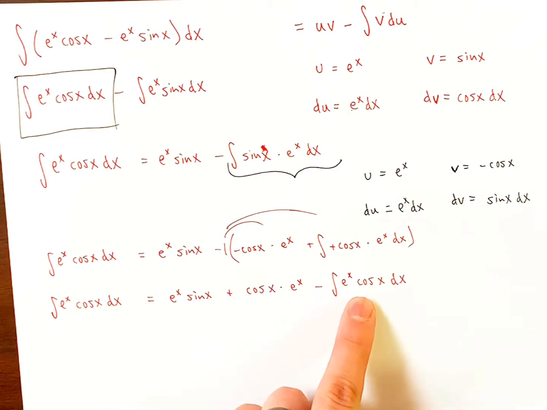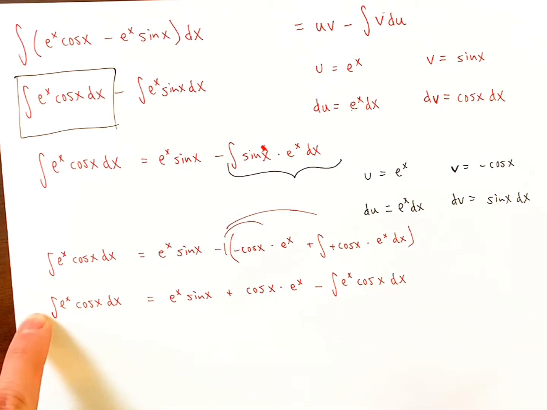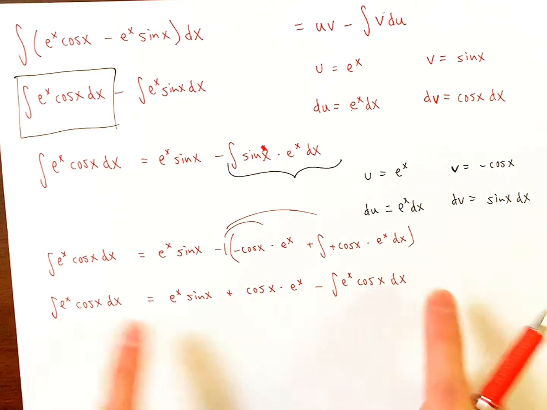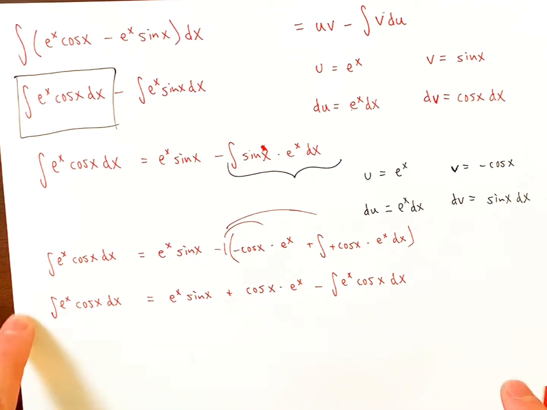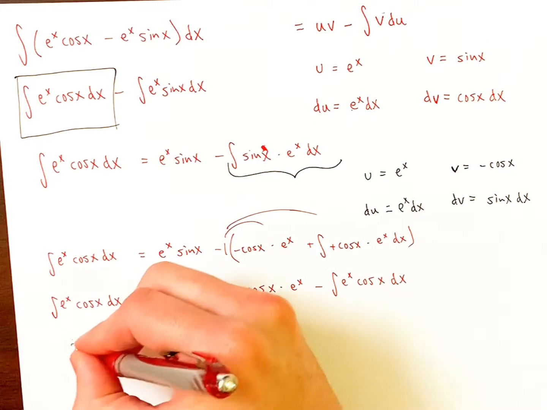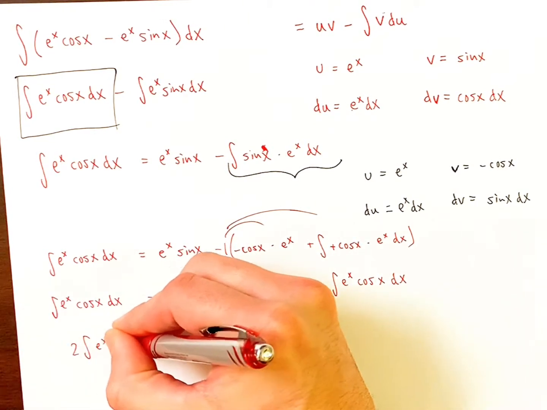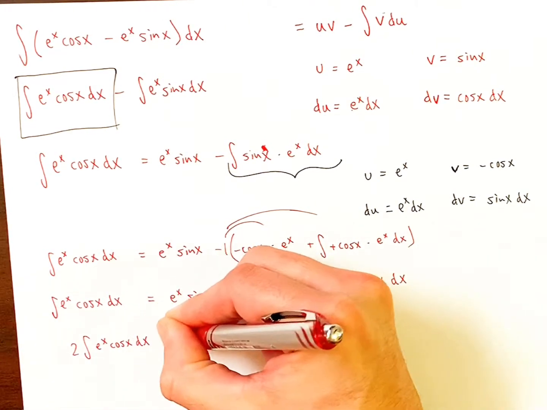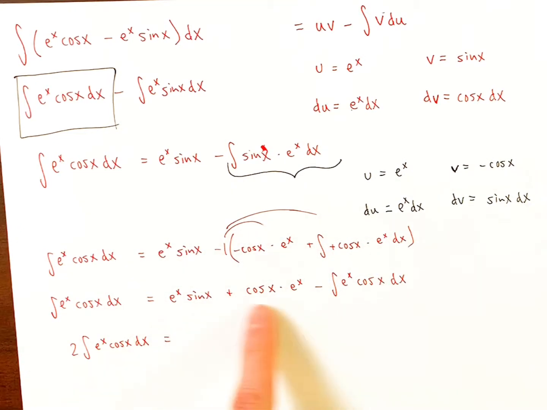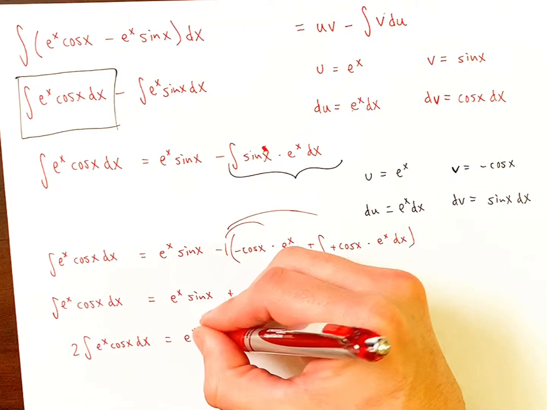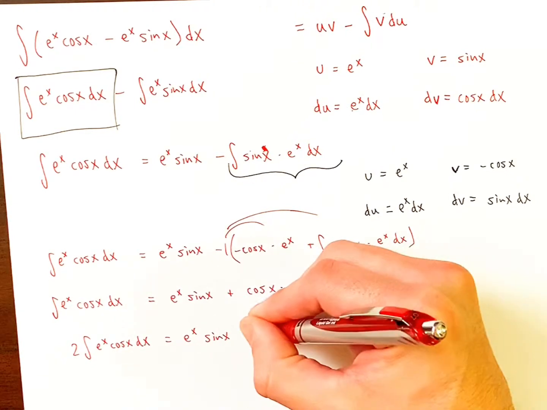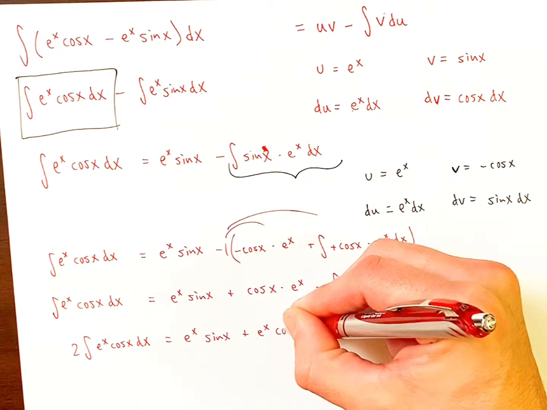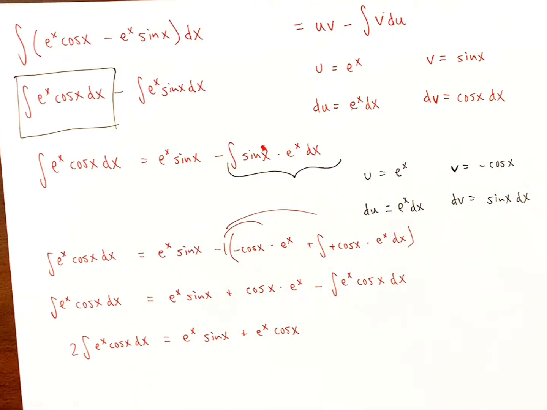So I am going to add this to this side here, because they're the same thing. It's just that it's negative here. So if I add it to that side, that'd be a 2. And it equals all of this business there. And now what can happen is we can divide by 2.